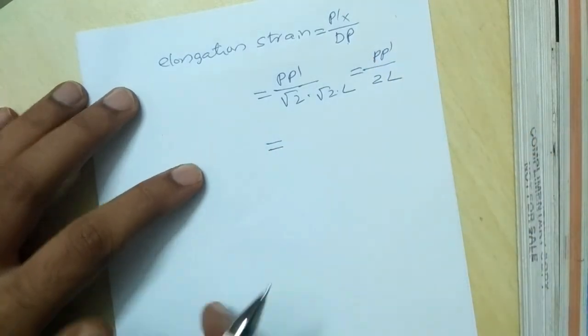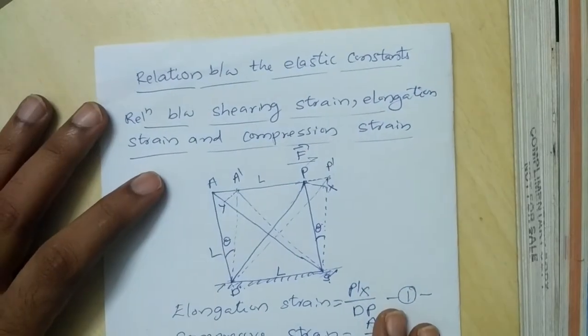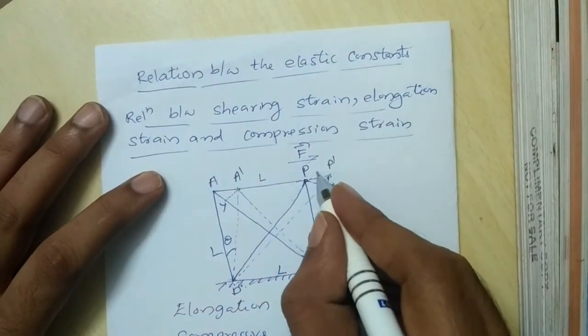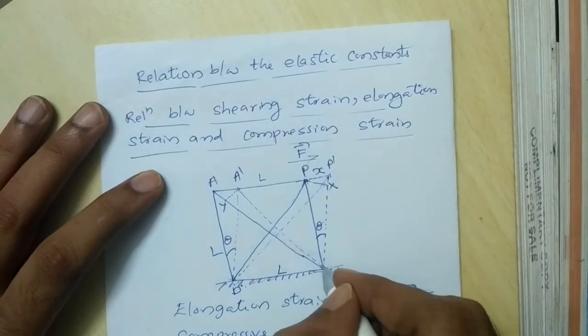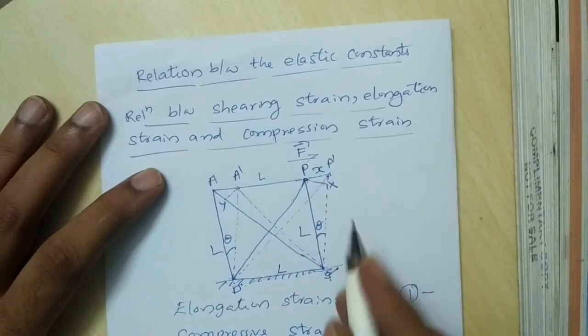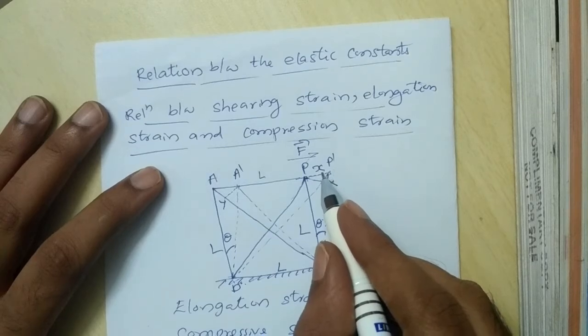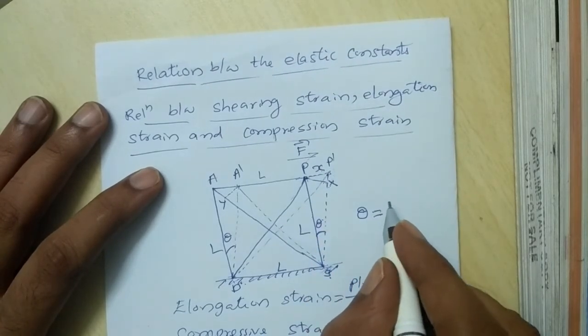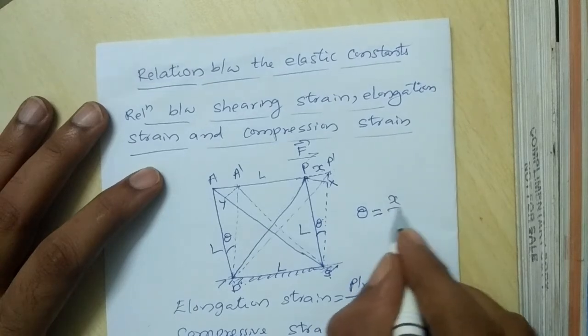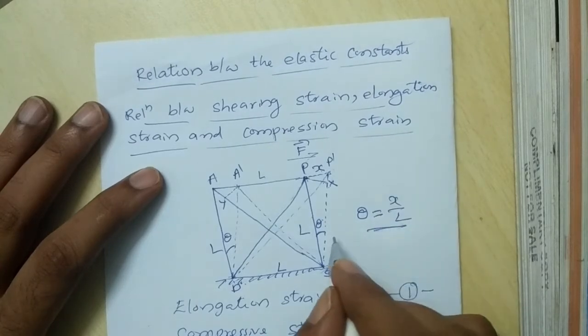But what is this PP dash? See from the diagram, PP dash is actually given by x, and this length is equal to L. Okay, so from this diagram, x by L is nothing but the shearing strain, that is theta, equal to x by L for small values of theta.